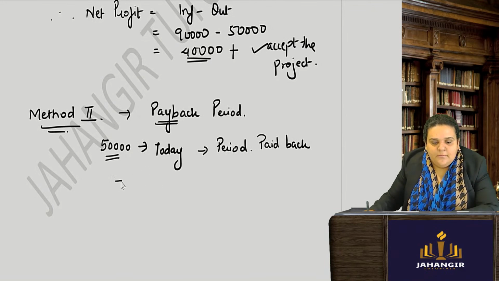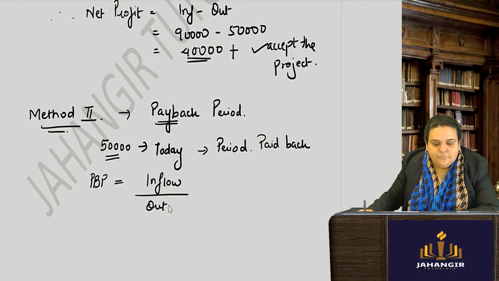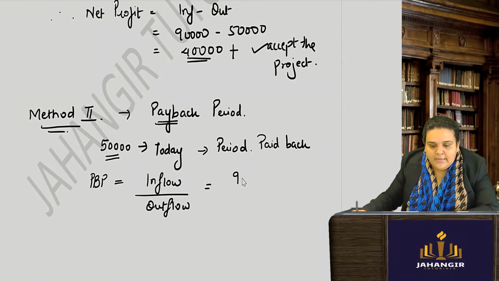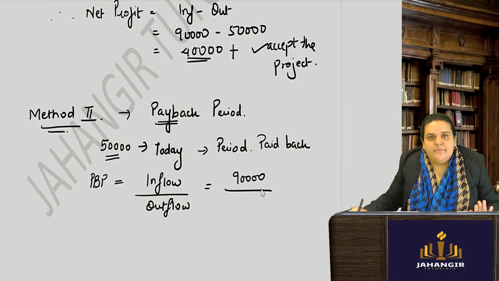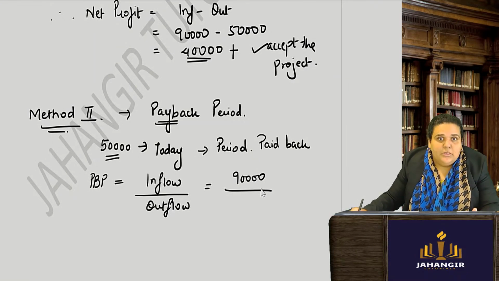Very easy. Payback period is nothing but your total inflow divided by your outflow. They have already given us the inflow, 90,000. In this particular sum, the inflow remains the same every year. It can even change; in one year it can be 30, another year it can be 40. But my total inflow is 90,000 and outflow is 50,000.